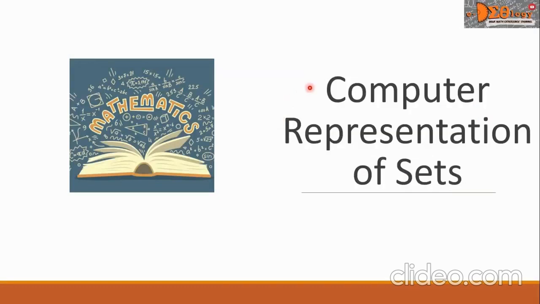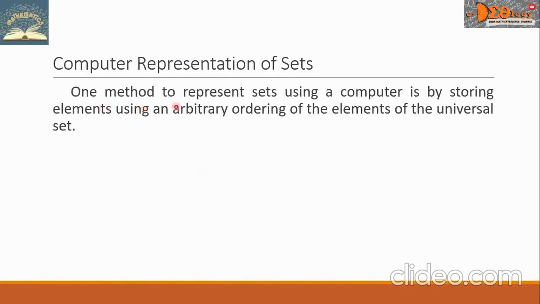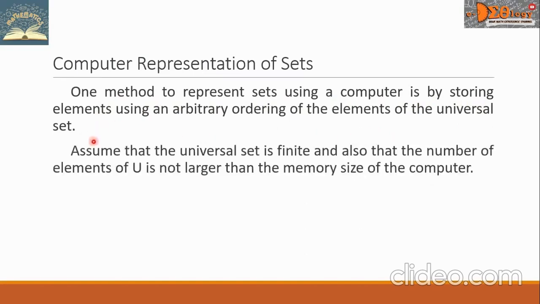Today, we're going to study computer representation of sets. One method to represent sets using a computer is by storing elements using an arbitrary ordering of the elements of the universal set. Assume that the universal set is finite, and also that the number of elements of U is not larger than the memory size of the computer.